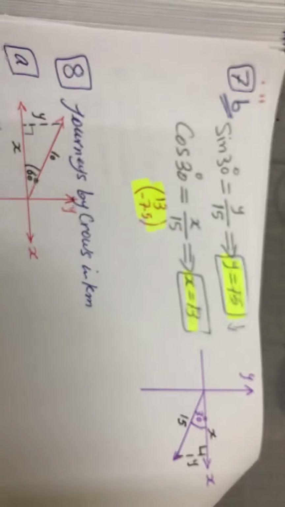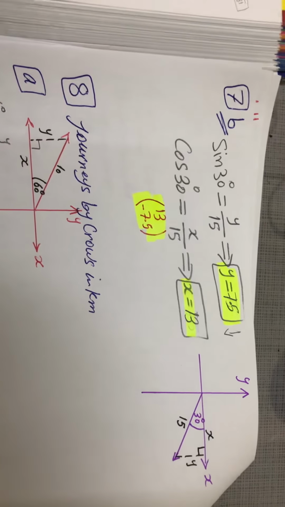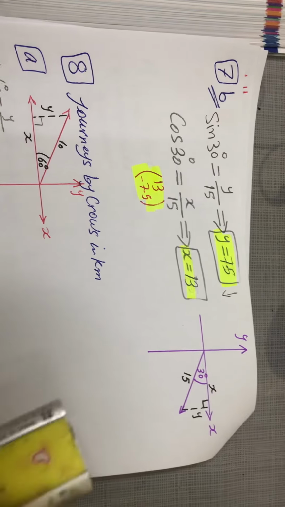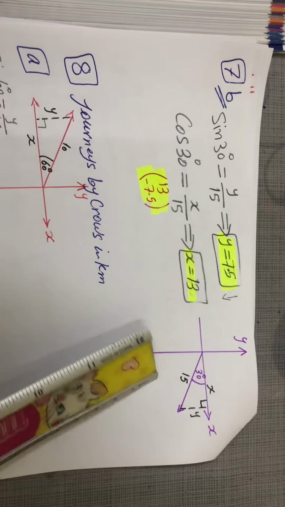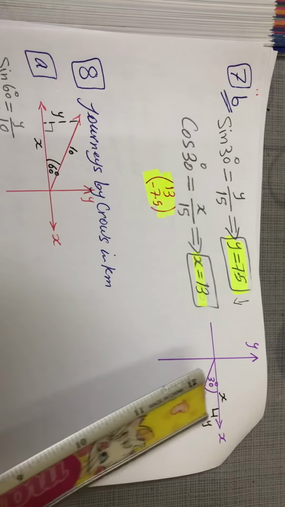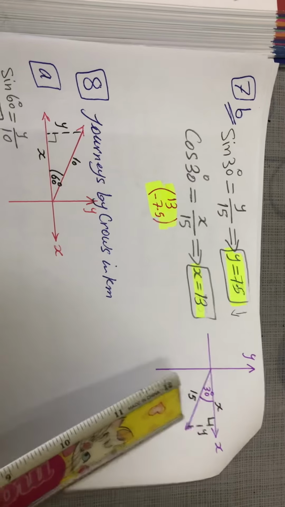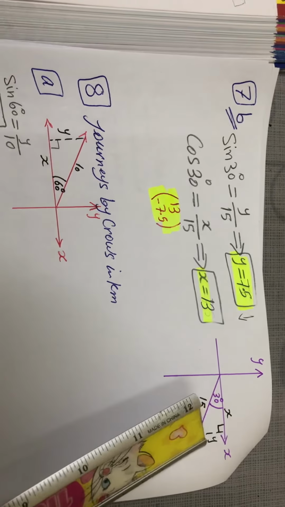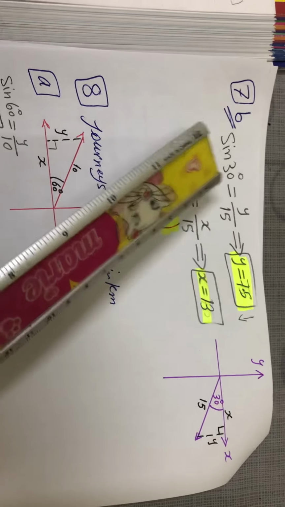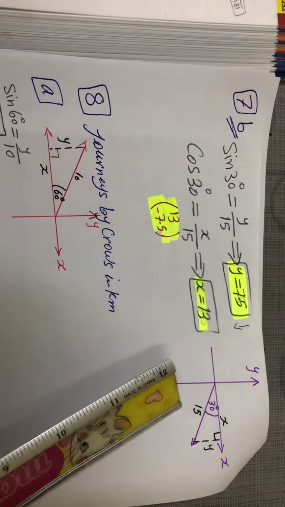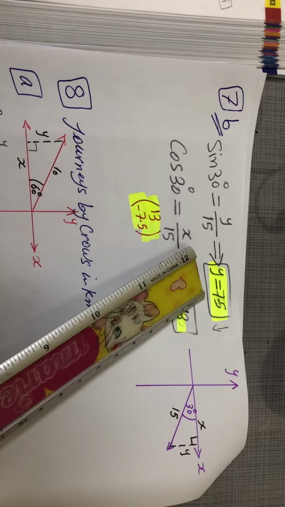Okay, now I'll solve 7b. In 7b, I have this drawing. I'll complete the third side for the right angle triangle. Now y is opposite to 30, so sine 30 equals y over the hypotenuse, and calculate the length of y.